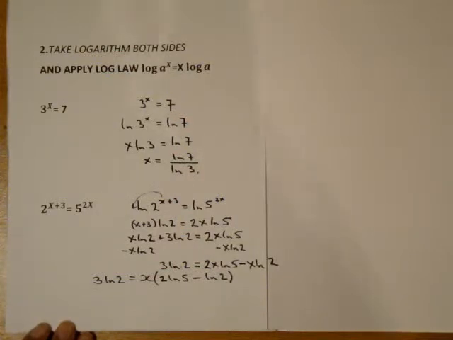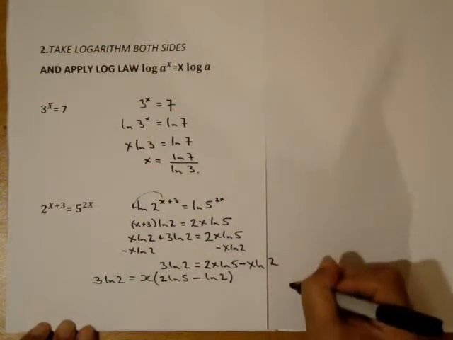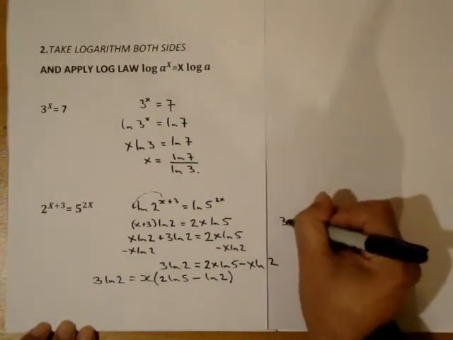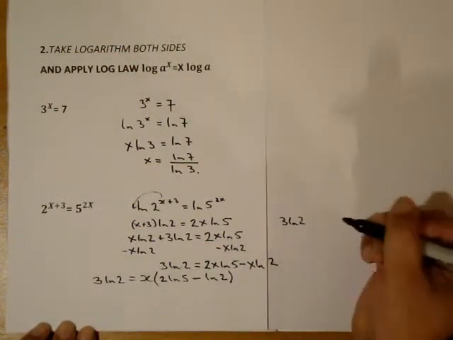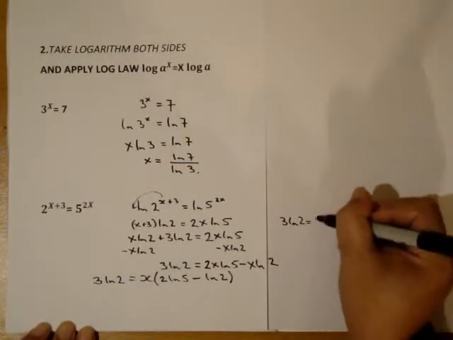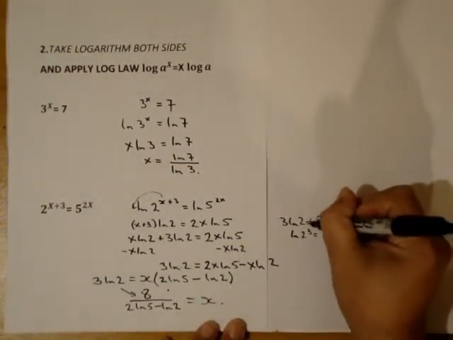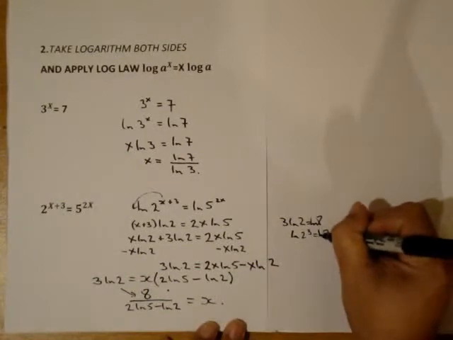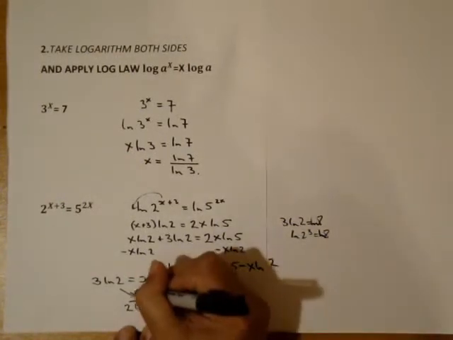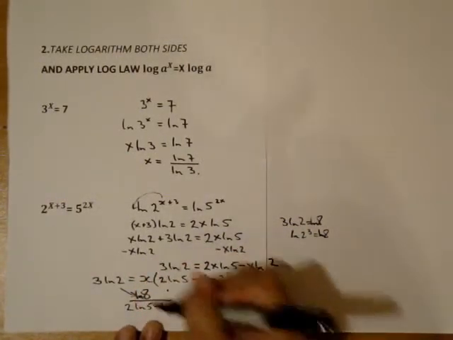Divide both sides by that. So this then becomes 3 natural log 2. 3 natural log 2 is simply, let's do it on this side, 3 natural log of 2 is, that should be natural log of 8, and this becomes natural log of 8.